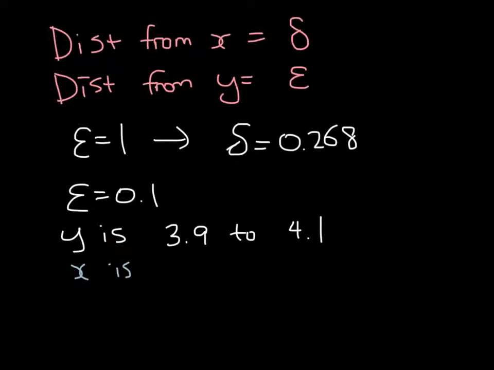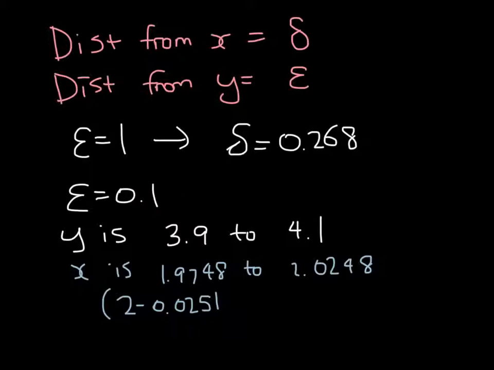And so if I plug those values into the function, what I find is that x goes from 1.9748 to 2.0248. And so our first number is a distance of about 0.0251 from 2.